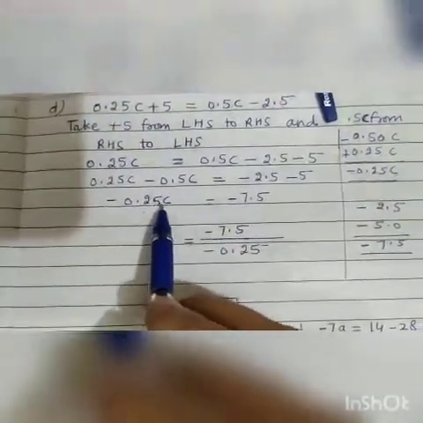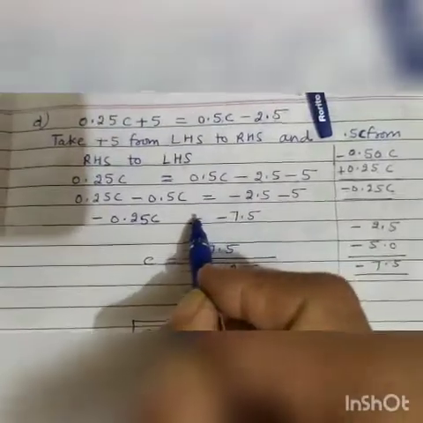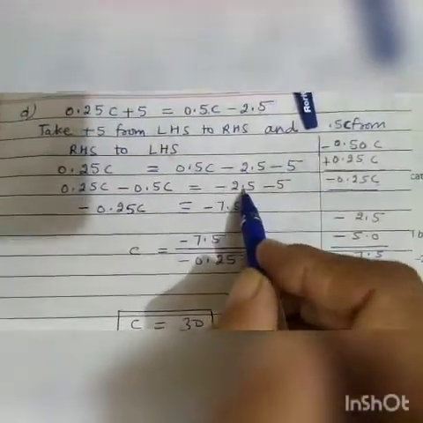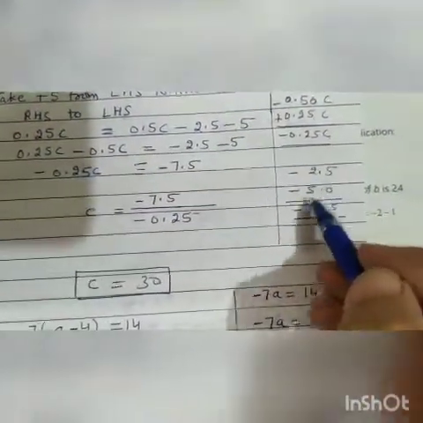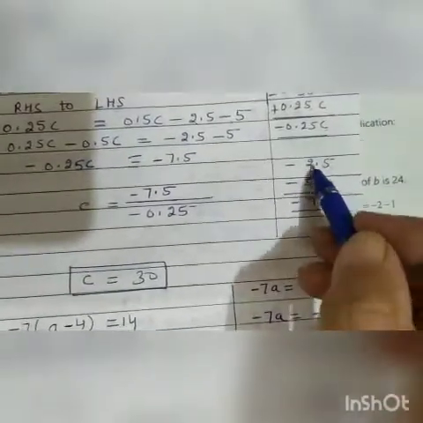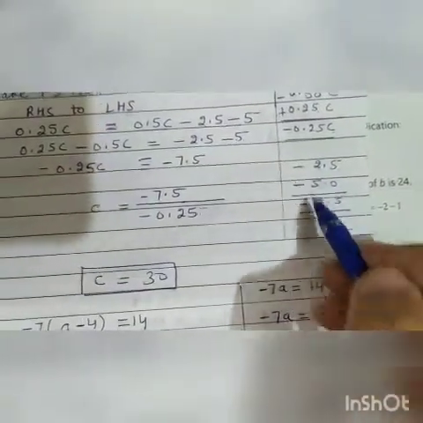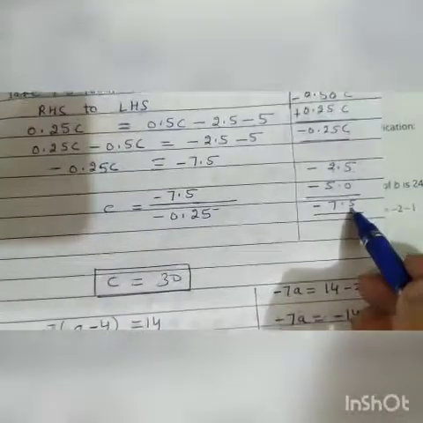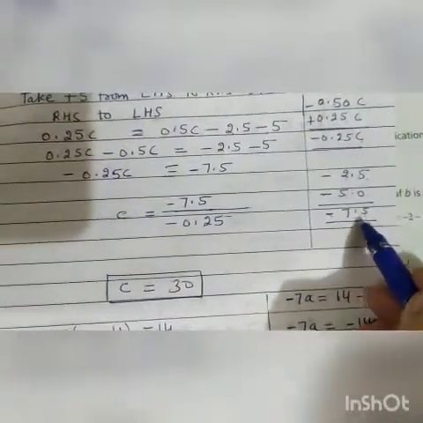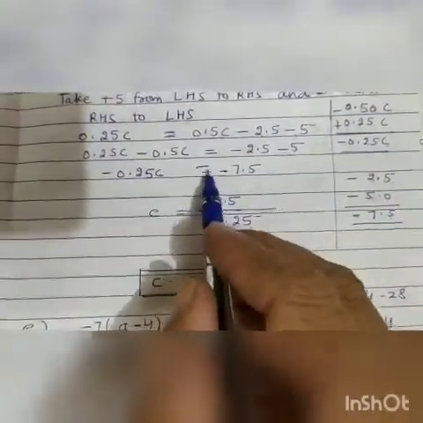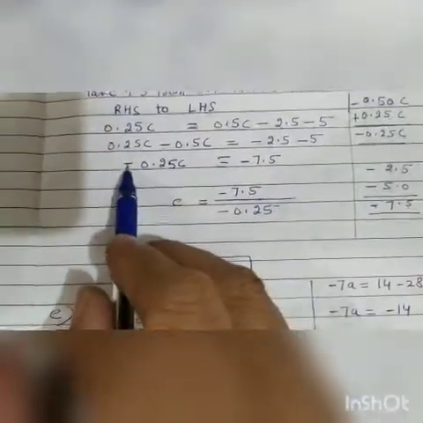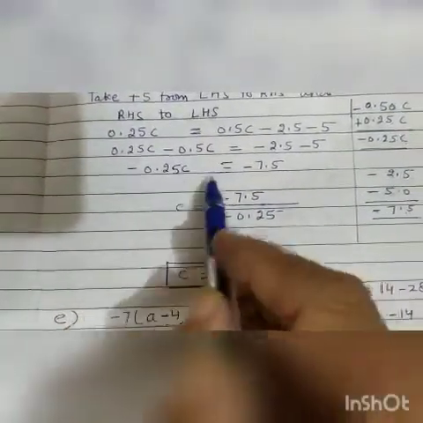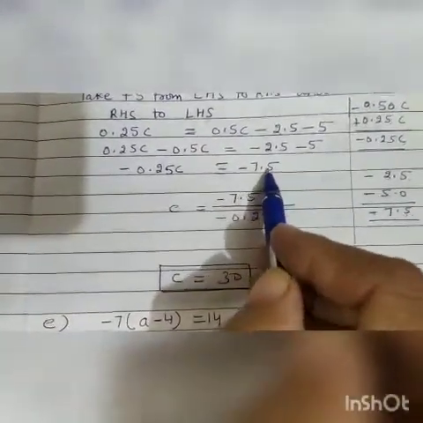So minus 0.25c equal to minus 2.5 minus 5. Both the terms are with a negative sign. So the sign will be negative, but the terms are added. We get minus 7.5, which means minus 0.25c equal to minus 7.5.